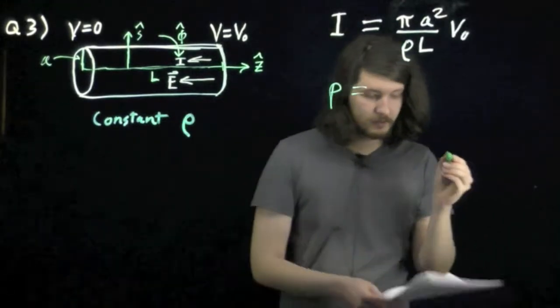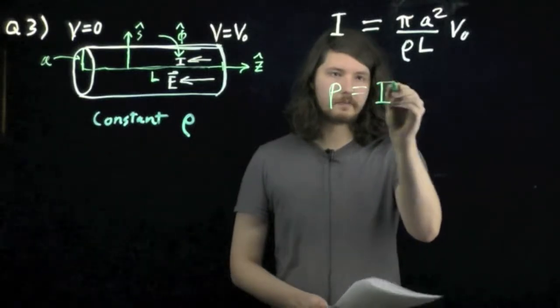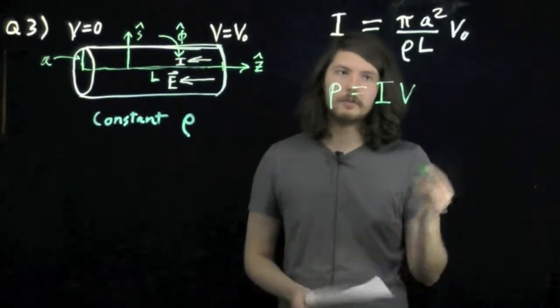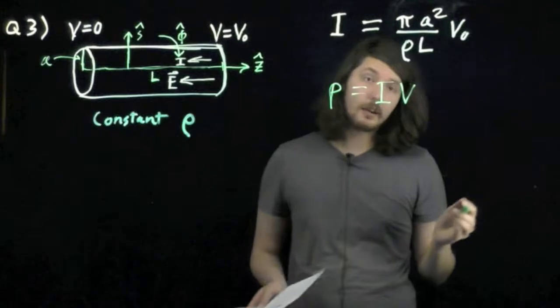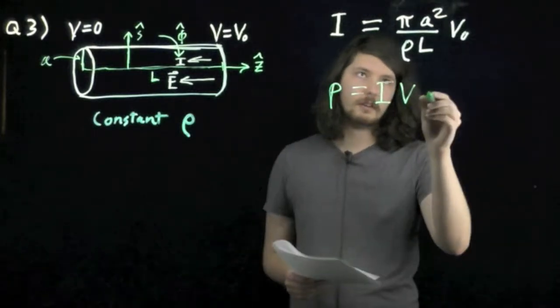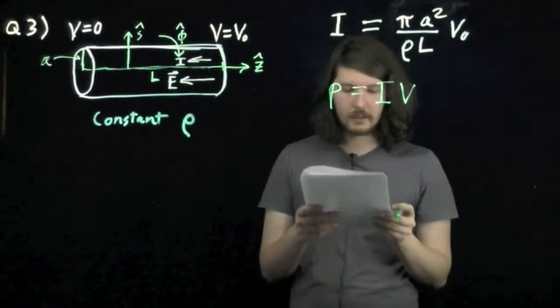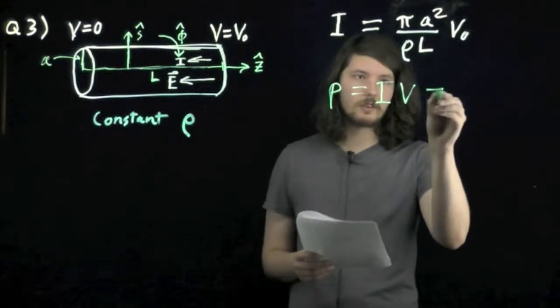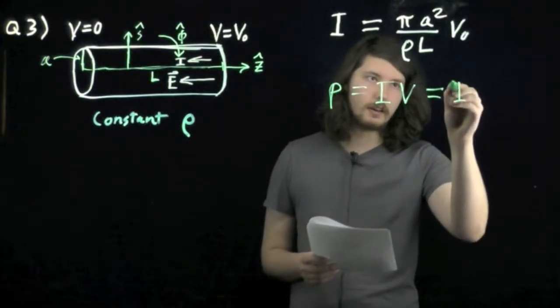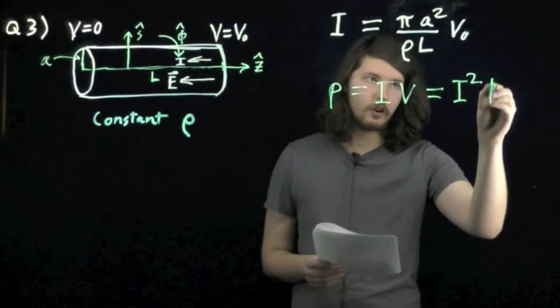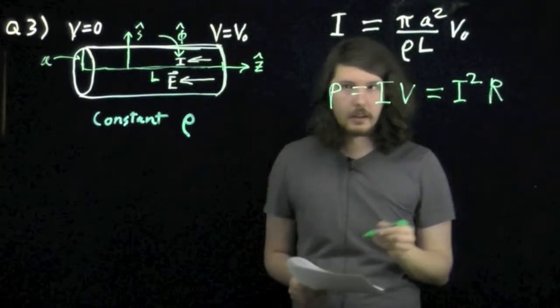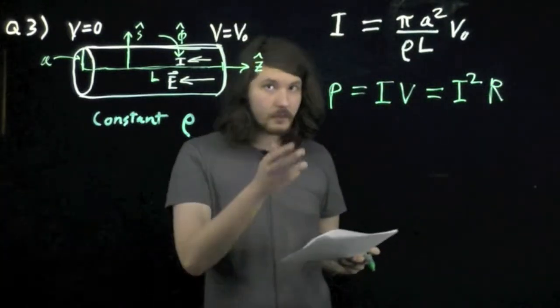P is equal to IV, and we also know from Ohm's law that V is equal to IR. So this is also equal to I squared times the resistance.